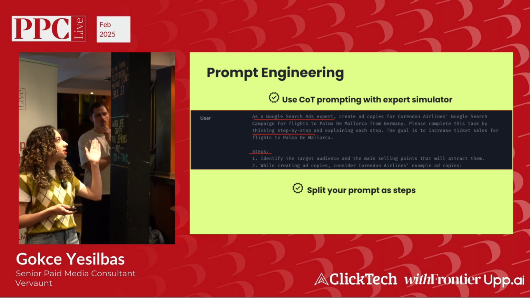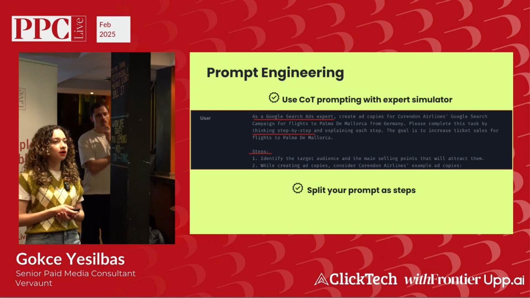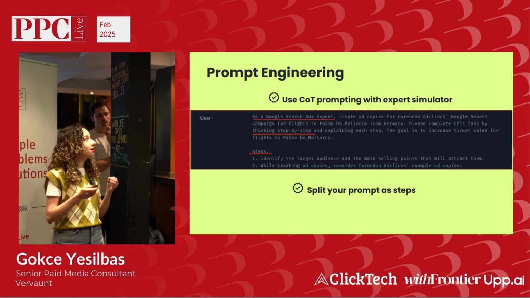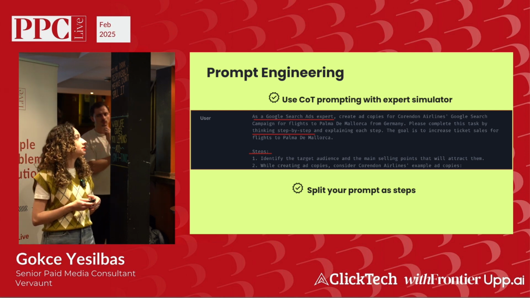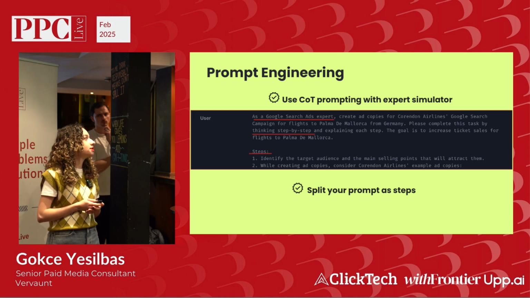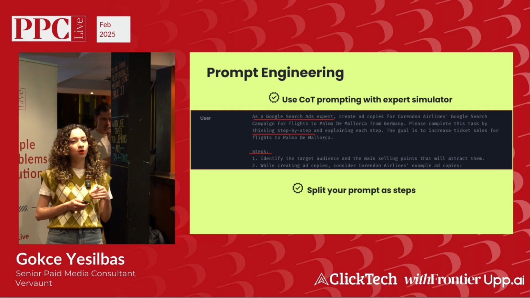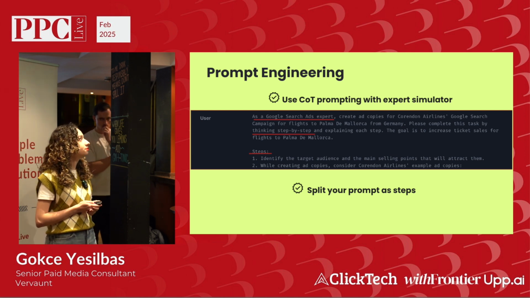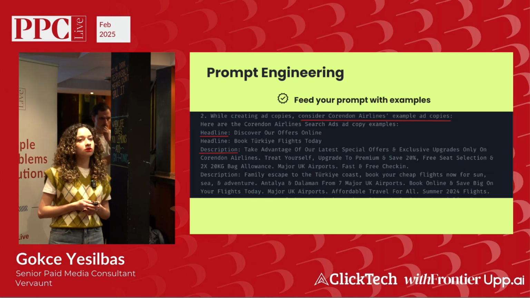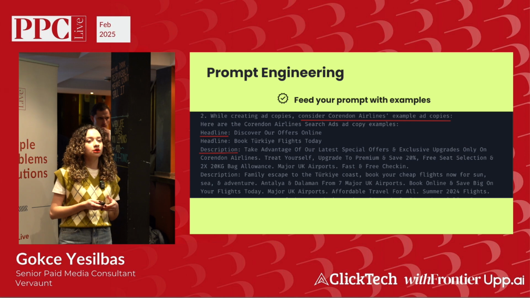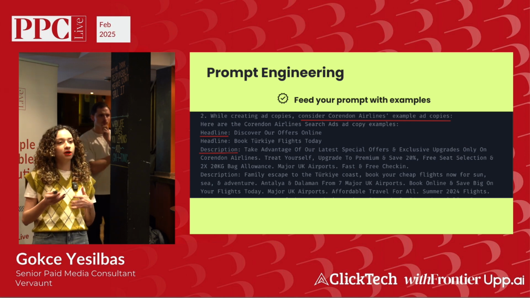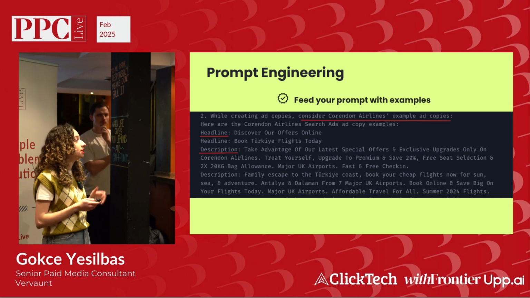As you can see here, I started my prompt with "As a Google search ads expert," and I also say "thinking step by step," and I split my prompt into steps. And I also feed my prompt with my examples. You should include your ad copy examples in your prompt.